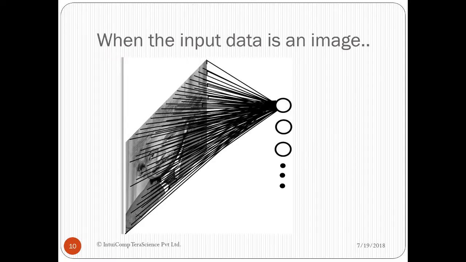Next, let's move on to see how our neural net will work when our input is an image. All the pixels in an image are stored as one node, or simply one image corresponds to one node in the layer.